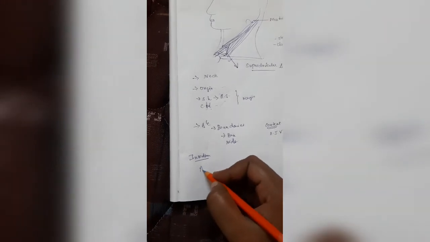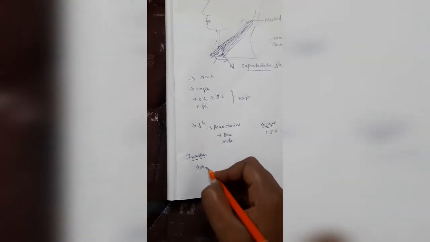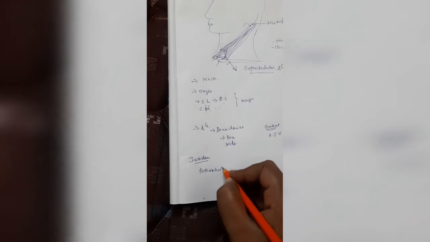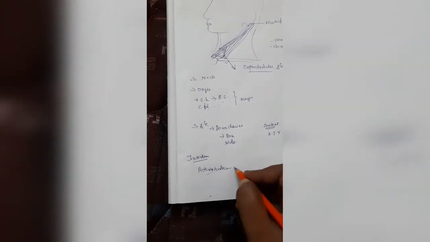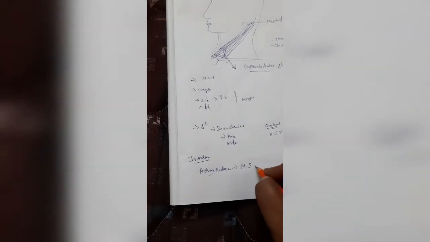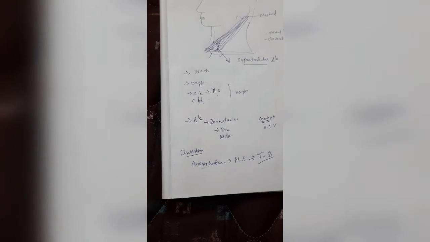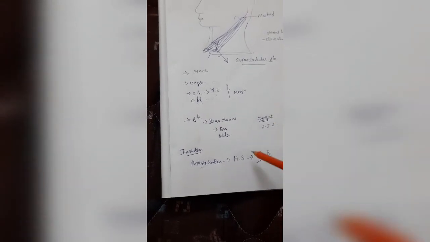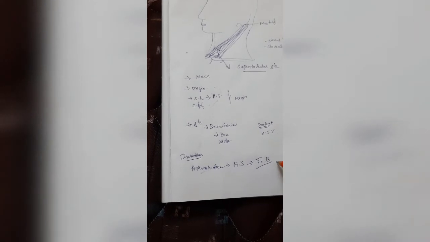Whenever you write the exam, you have to specify the surface, that is the anterior surface of the mastoid process. Then you have to specify in which bone it is present: the temporal bone, mastoid process, anterior surface.